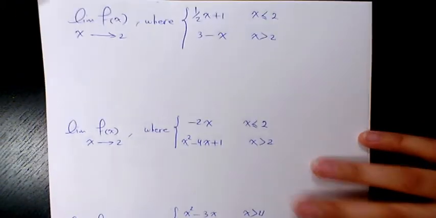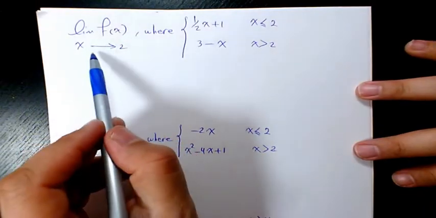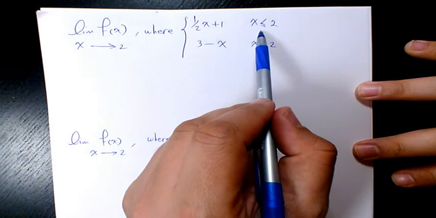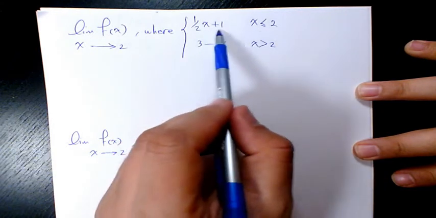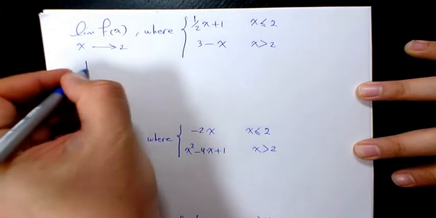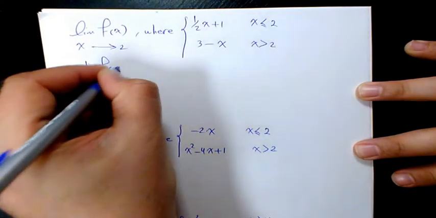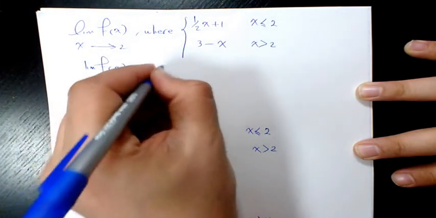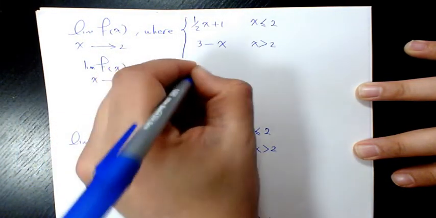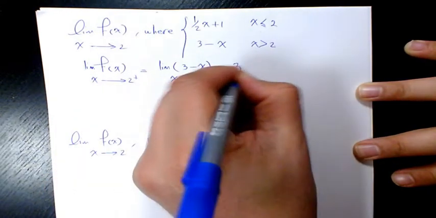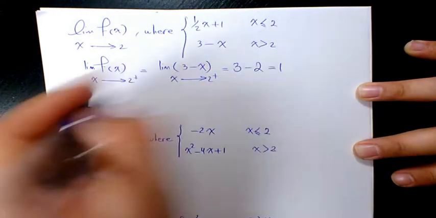Next one is limit of f of x when x is approaching 2, where for x values equal to or less than 2 it is 1 over 2x plus 1, and for x values greater than 2 it is 3 minus x. So limit of f of x when x is approaching 2 plus is limit of 3 minus x, when x approaches 2. So it's going to be 3 minus 2 equals 1.